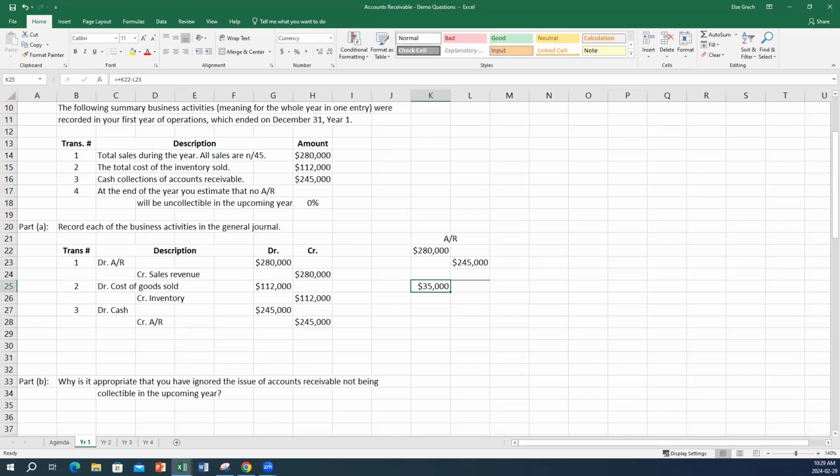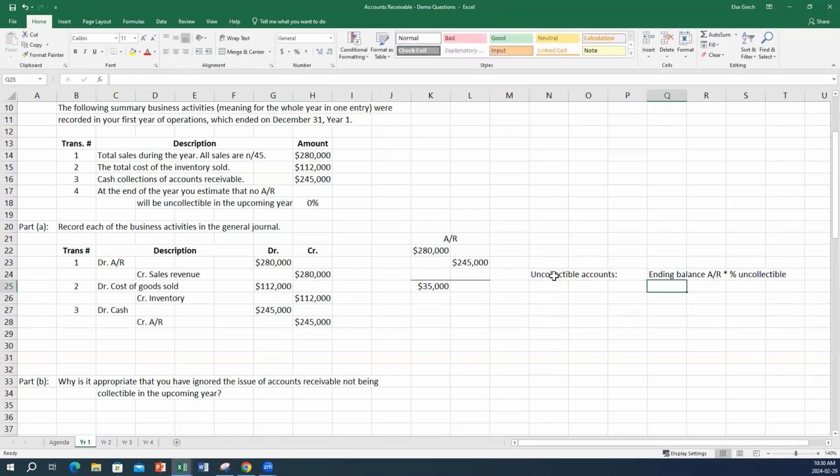To calculate uncollectible accounts, we take the ending balance in accounts receivable. So if we wanted to calculate uncollectible accounts, we take the ending balance in AR, and we multiply it by the percentage that we determine is uncollectible.